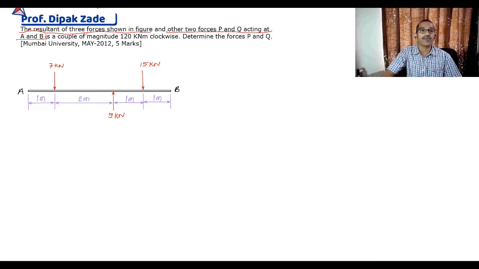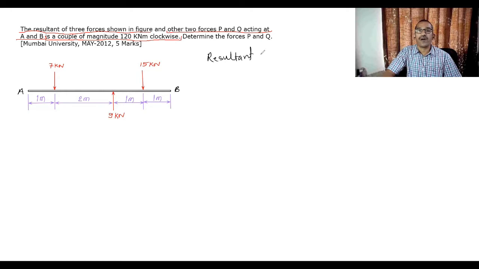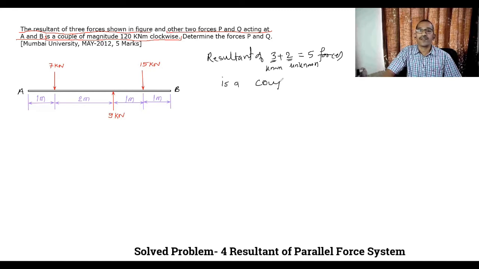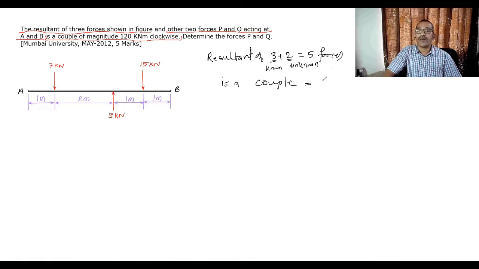The resultant of such 5 forces is a couple of magnitude 120 kilonewton meter clockwise, minus. Clear? Up to this step there is no problem.